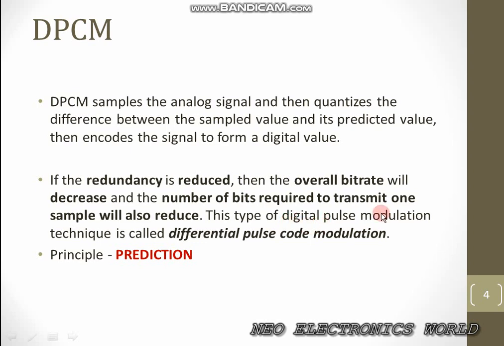This type of digital pulse code modulation technique is known as differential pulse code modulation. It is not clear from this definition alone. We have to look at the block diagram for more explanation. The principle used here is prediction. By only seeing these words, you will not understand anything. It's better to look at the block diagram and understand.